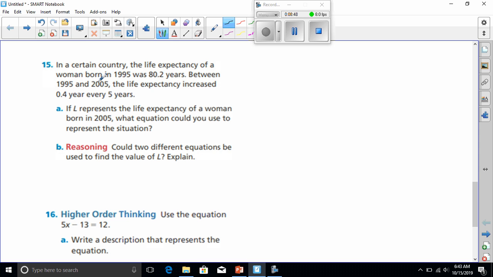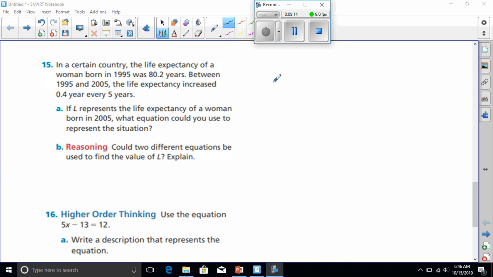Between 1995 and 2005, the life expectancy increased 0.4 years every 5 years. Okay. Let L represent the life expectancy of a woman born in 2005. What equation could you use to represent the situation?